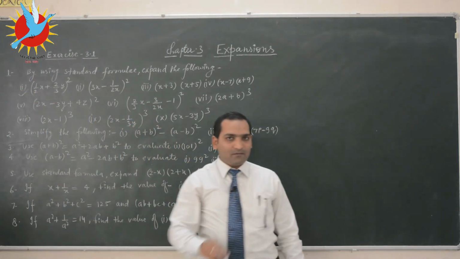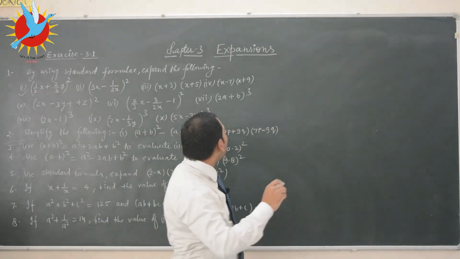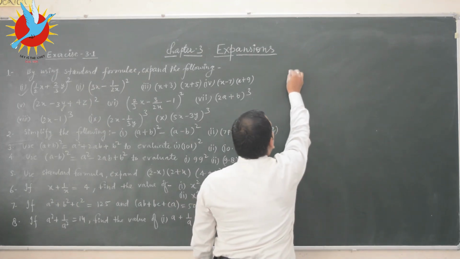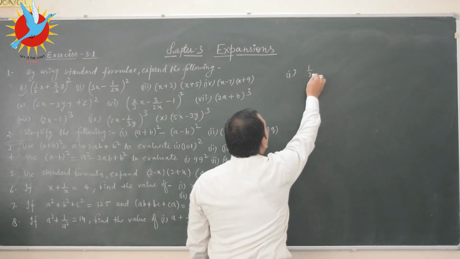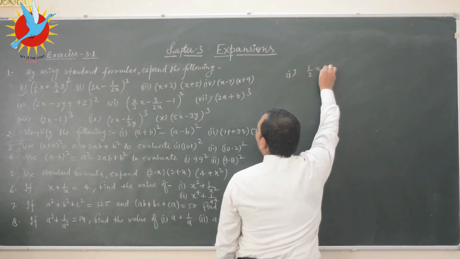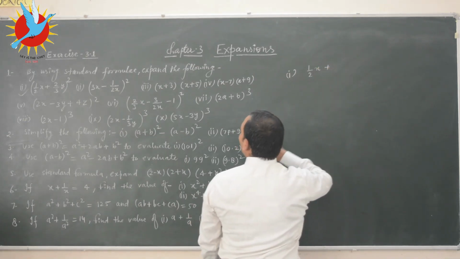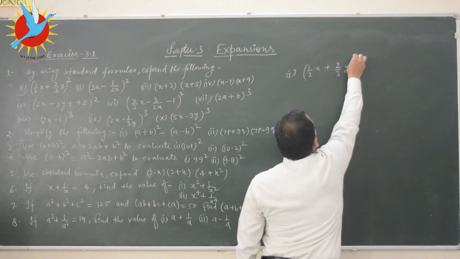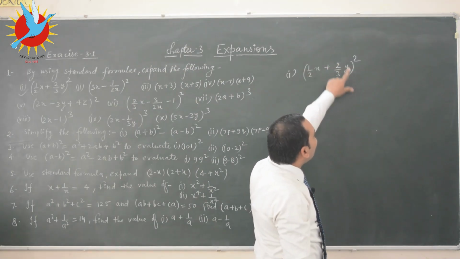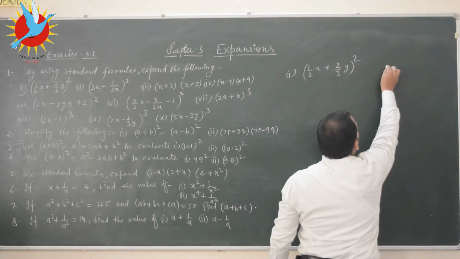So the first formula is 1 by 2x plus 2 by 3y whole square, which is first term plus second term whole square. We use which formula?